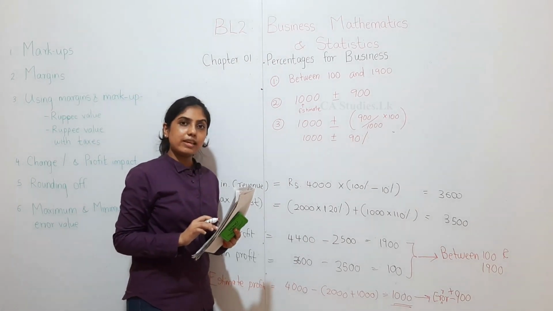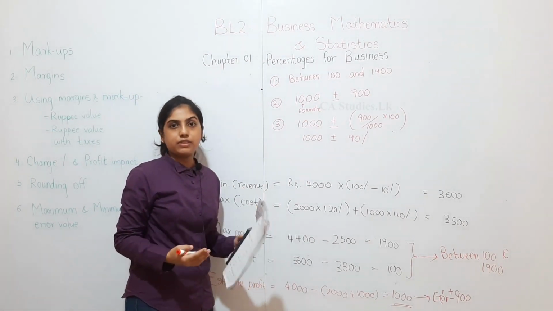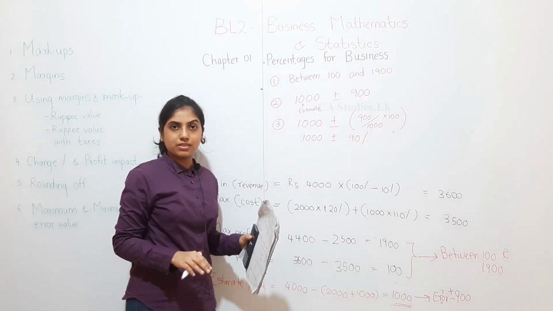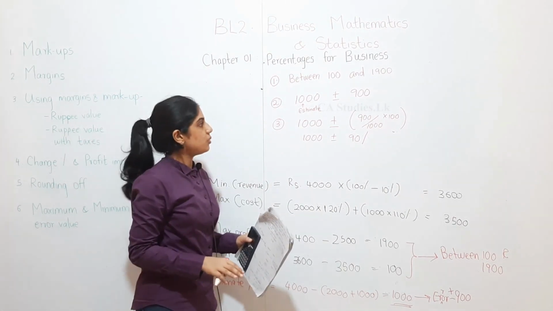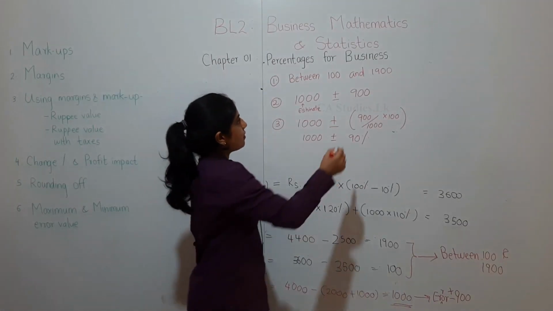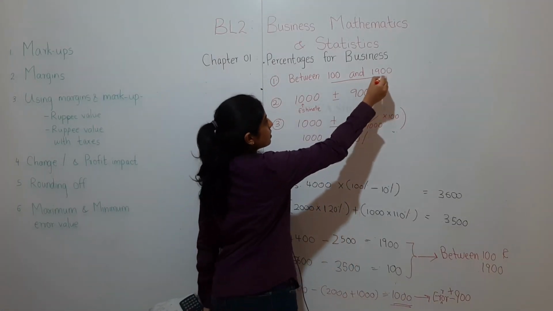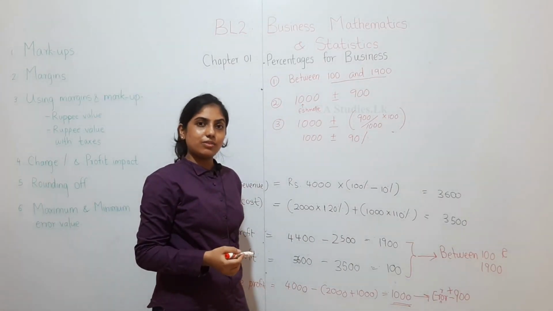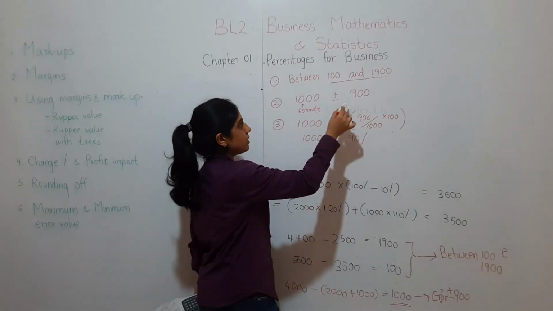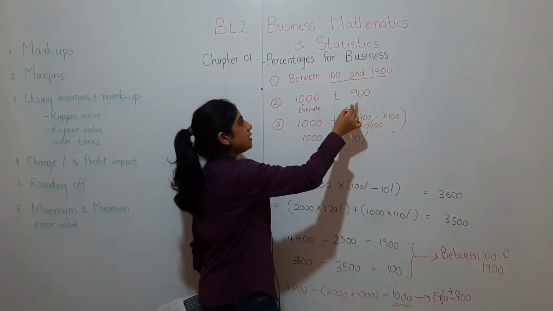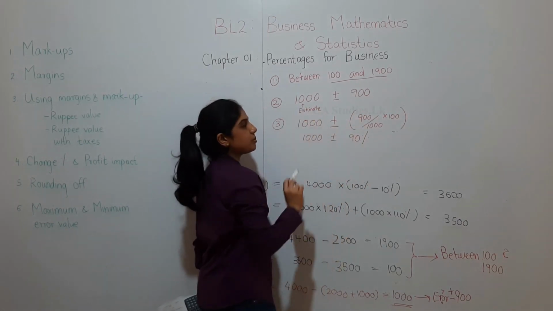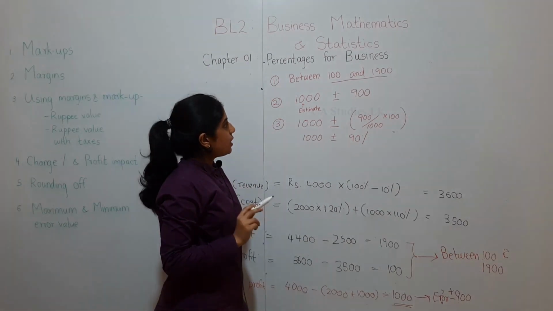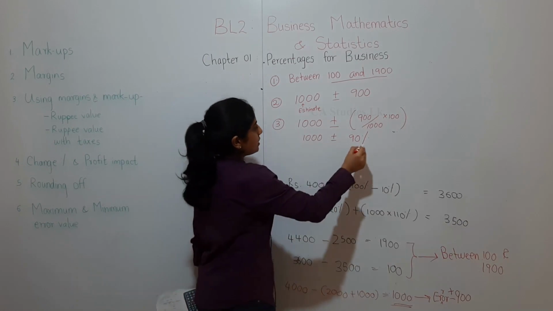In this question, they asked only the expected profit. They did not ask the expected error of the profit. So, they can give the answer in profit terms or in error terms also. Because this is also correct: plus or minus 900 on the base amount, and this is in percentage terms.